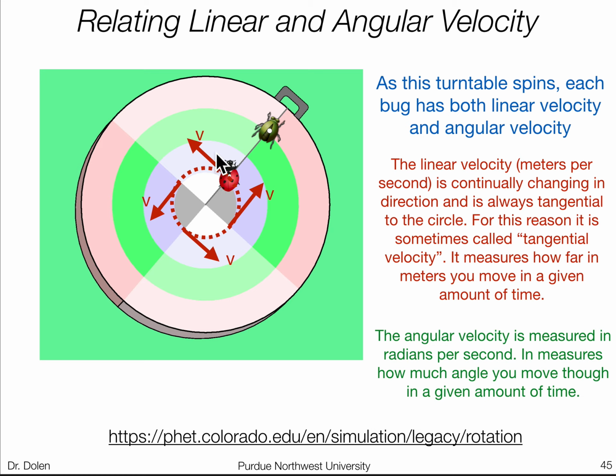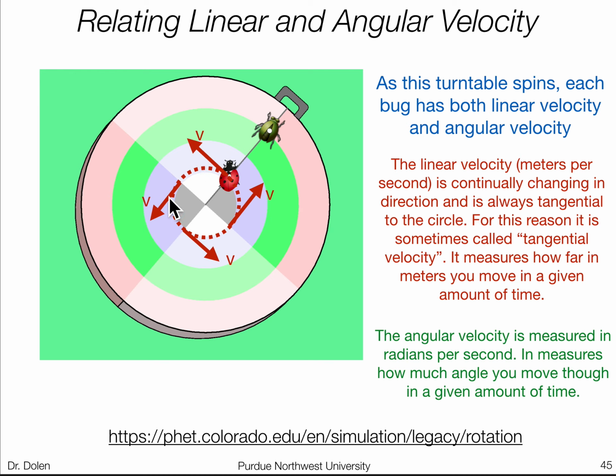Since this linear velocity is always changing direction, we know that there must be some kind of acceleration affecting the bug. There must be some kind of radial acceleration, some acceleration towards the center of the circle, which is keeping this bug moving in a circle, which is changing this velocity vector. And we can also note that this velocity vector is always tangential to the path of the bug.